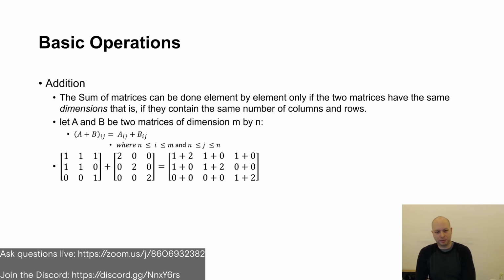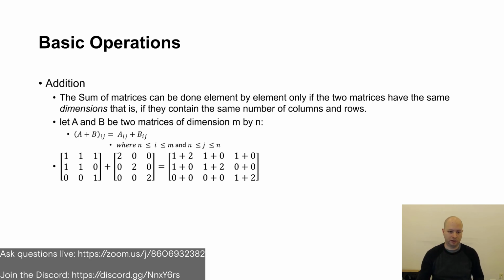The basic operations of a matrix are very similar to the way that we did it with vectors, where a particular point ij, with i being the location of the row and j being the location of the column, is just going to be the combination of that respective row and column.